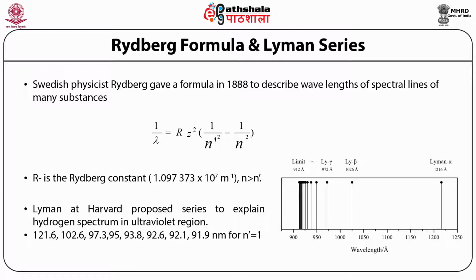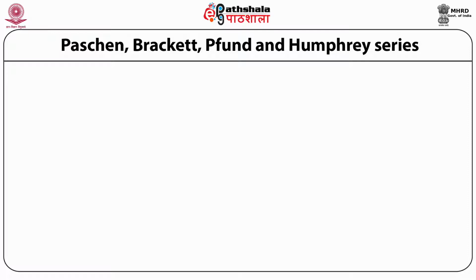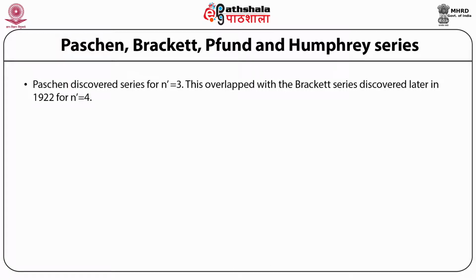Then later on, Lyman at Harvard proposed another series to explain the hydrogen spectrum in the ultraviolet region, and this could be given by the Rydberg formula for n dash equal to 1. Later, a number of other scientists, Paschen, Brackett, Pfund, Humphreys, discovered series for n dash equal to 3, which overlaps with the Brackett series discovered later in 1922 for n dash equal to 4.